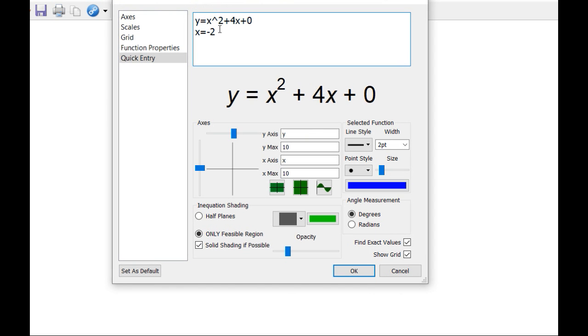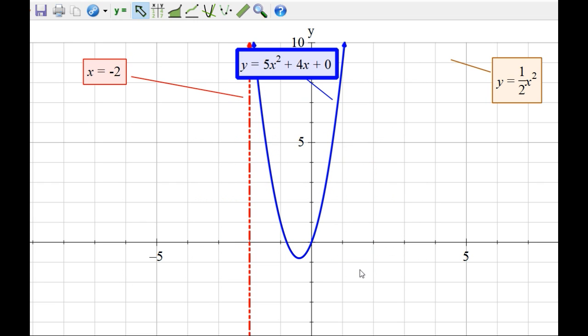Now if I were to put a 5 in front of x, it would have moved. It's moved. Now putting 5 in front of the x has made it steeper. And notice it's shifted to the right. It was over this line here, but it's now shifted to the right.